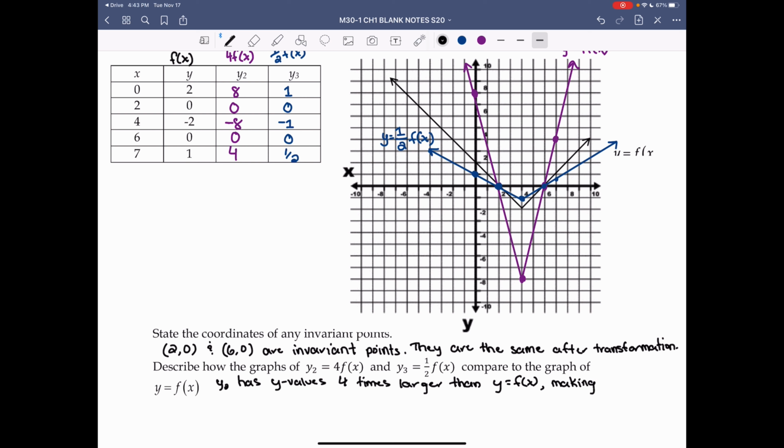Making the graph of y2 taller and more narrow.